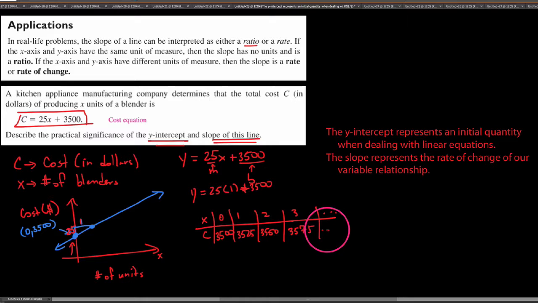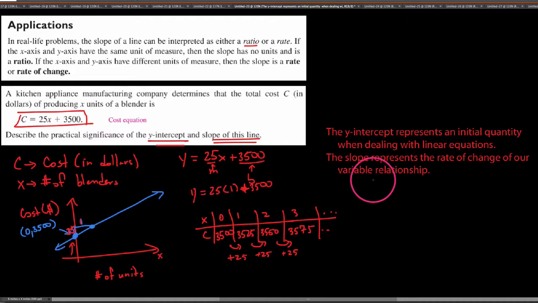And so what we're seeing is that this plus 25 right here is the slope of our line. When we look at our y units, which are dollars, and our x units, which are the number of blenders, our slope represents the number of dollars per blender. So the slope represents the rate of change of our variable relationship.